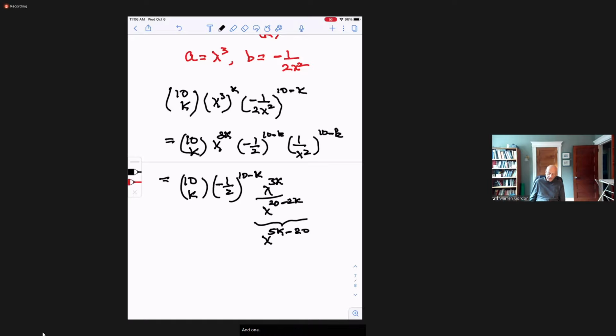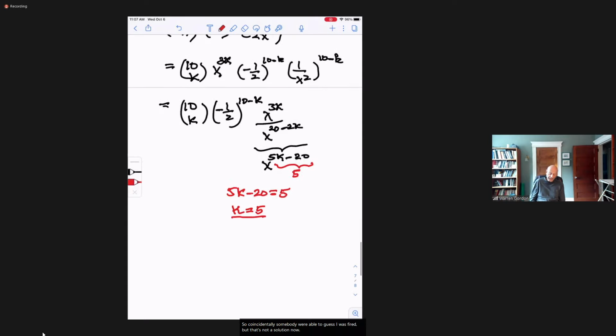And what do I want this power to equal to? I want this power to be x to the 5th. So I get 5k minus 20 must be 5, or solving, k is 5. So coincidentally, some of you were able to guess that it was 5, but that's not a solution.